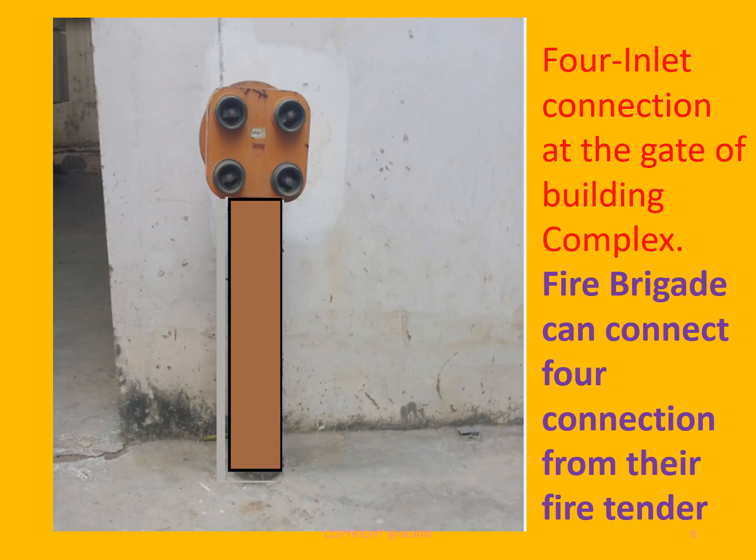This slide shows a 4 inlet fire brigade connection at the gate of the building complex. It is for the inward gate of the building complex. A 4 inlet connection must be provided so that the fire brigade can connect 4 connections of their fire tender.